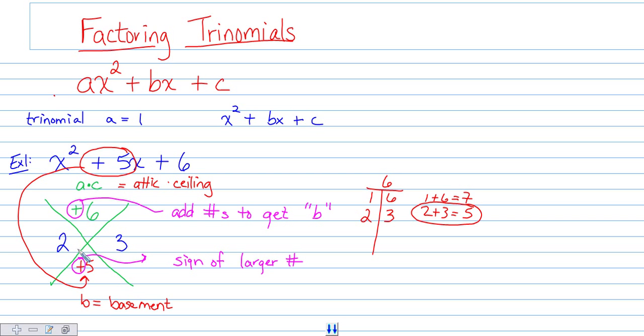Now what you're going to do, and this is why it's so easy to do these, is write two parentheses, and since we don't have a coefficient on the x squared, you just write x and x. And then what kind of 2 is that? It's a positive 2. And what kind of 3 is that? It's a positive 3. And that becomes our factors of x squared plus 5x plus 6.